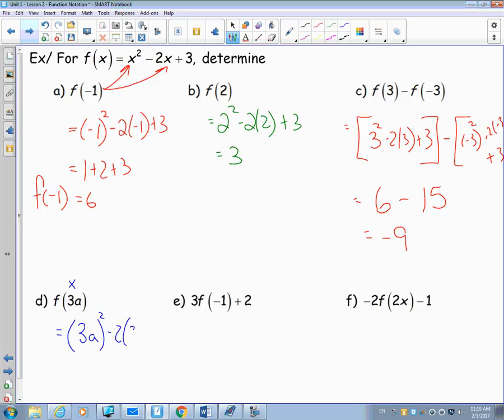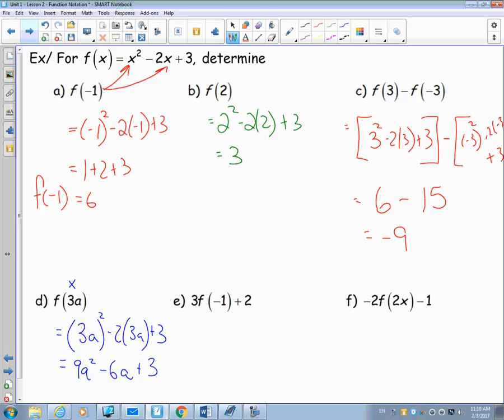I see a 2x, so 2 times 3a, and the plus 3 at the end. And then we're going to simplify. 3a squared comes out to 9a squared. Make sure you square everything. And expand, and there's our answer. It's an algebraic expression, a different quadratic. And it happened because we had variables in our initial part.